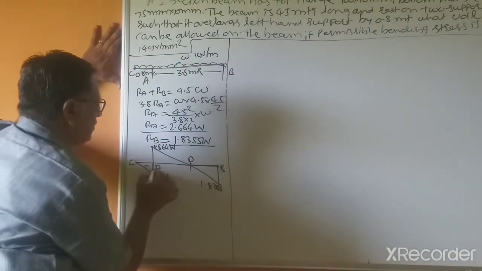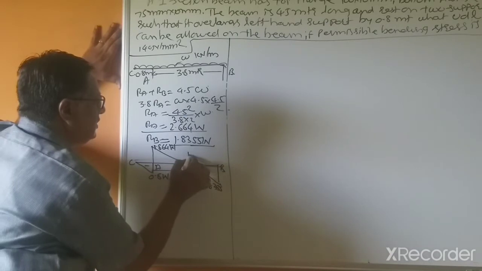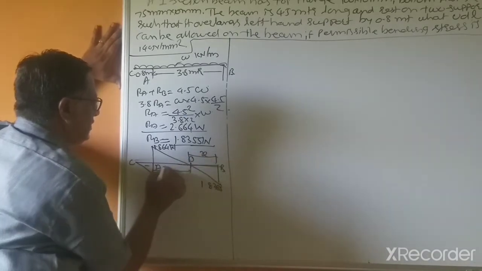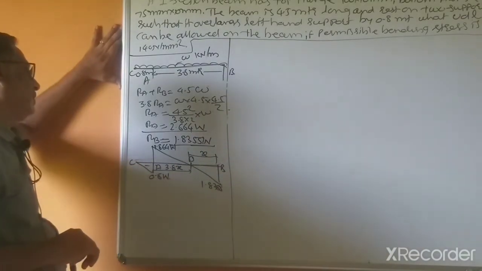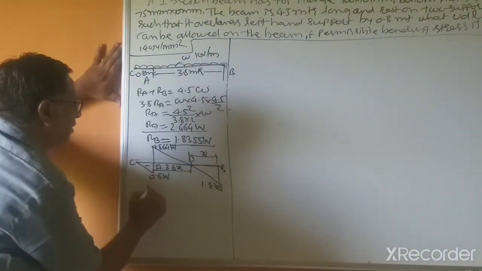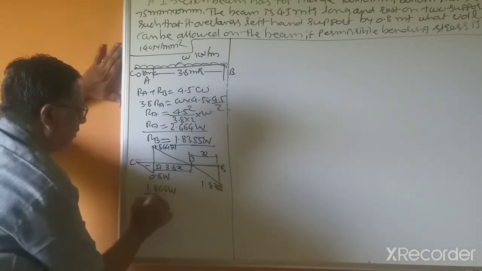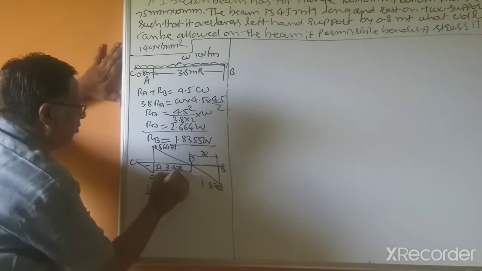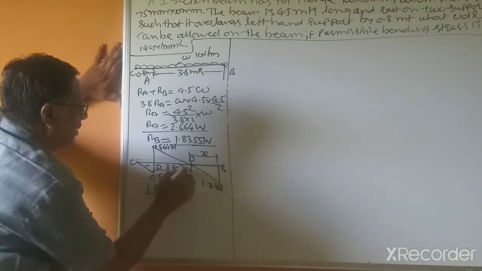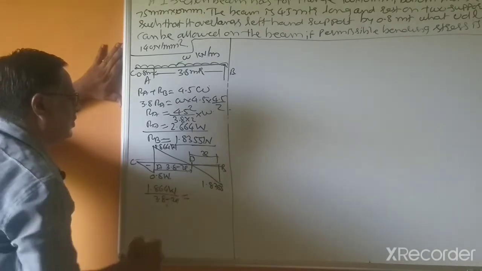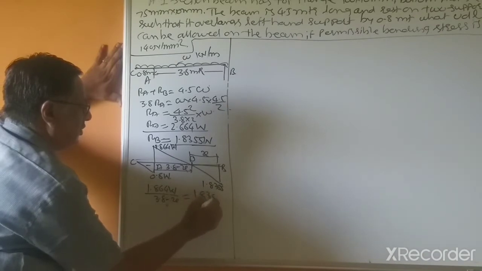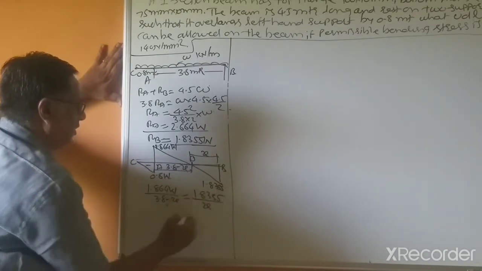Suppose this distance is x, and this is 3.8 minus x. Now by comparing triangles, 1.864 W divided by 3.8 minus x equals 1.8355 W divided by x.